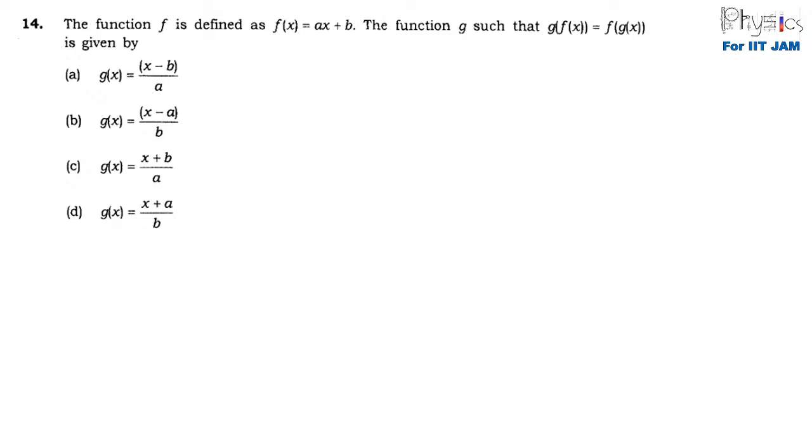The function g such that g of f(x) equals f of g(x) is given by option A, g(x) equals (x minus b) by a; option B, g(x) equals (x minus a) by b; option C, g(x) equals (x plus b) by a; option D, g(x) equals (x plus a) by b. So tell me guys, which is the correct option for this question?